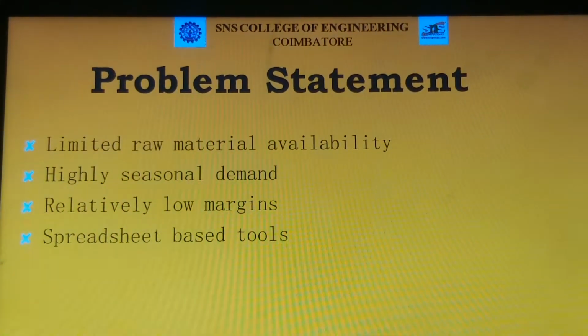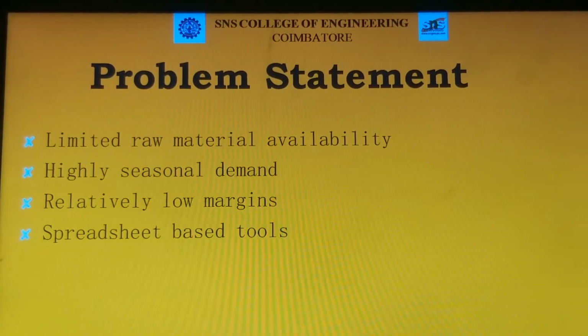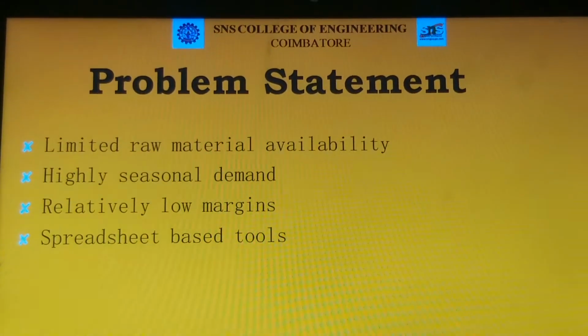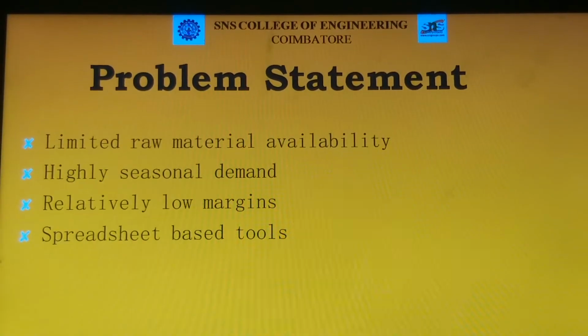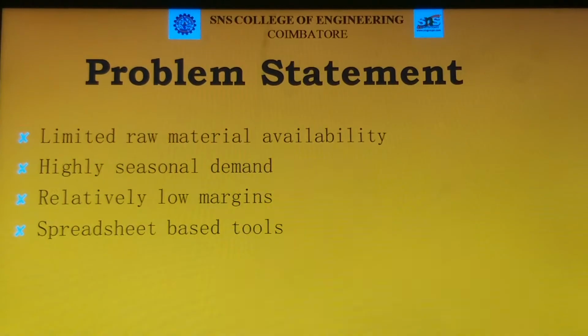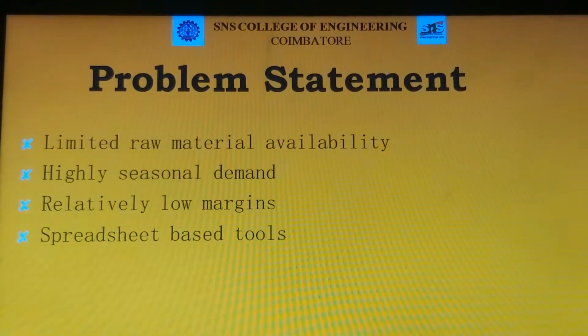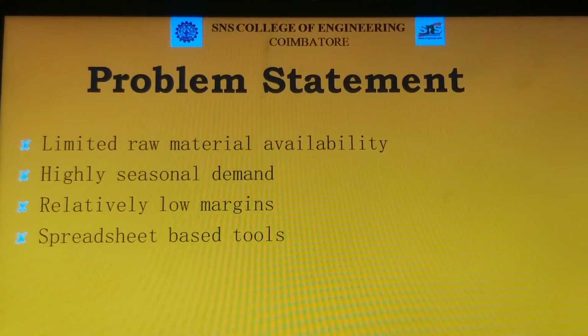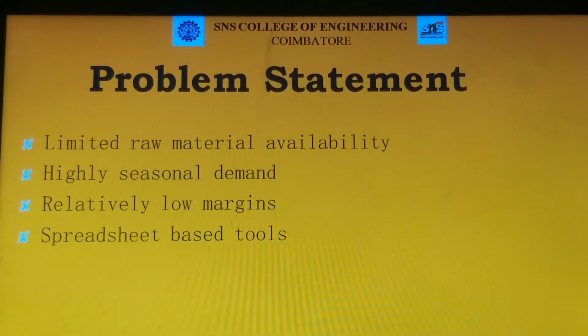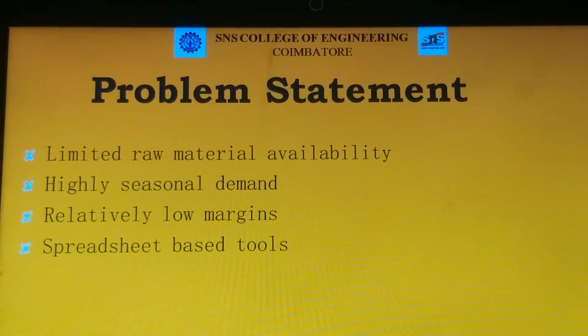So, going back to the same problem statement, we can find that the first two problems are relatively based on the products. The third one and the fourth one, which are the relatively low margins and spreadsheet-based analysis, are on the cost concepts.